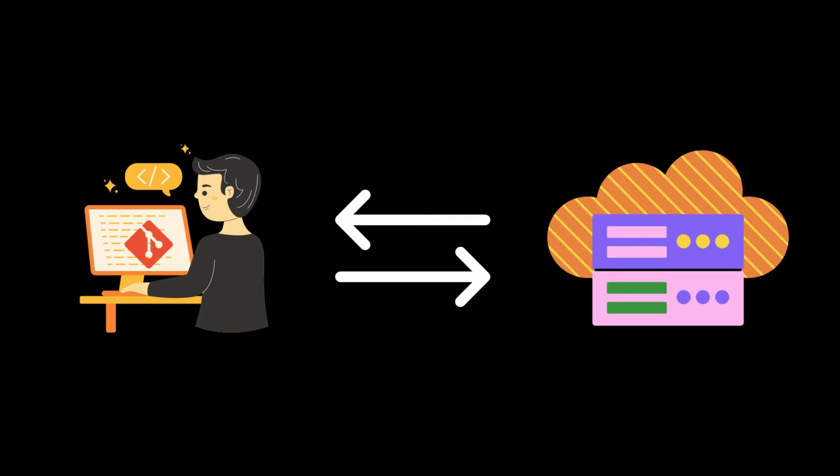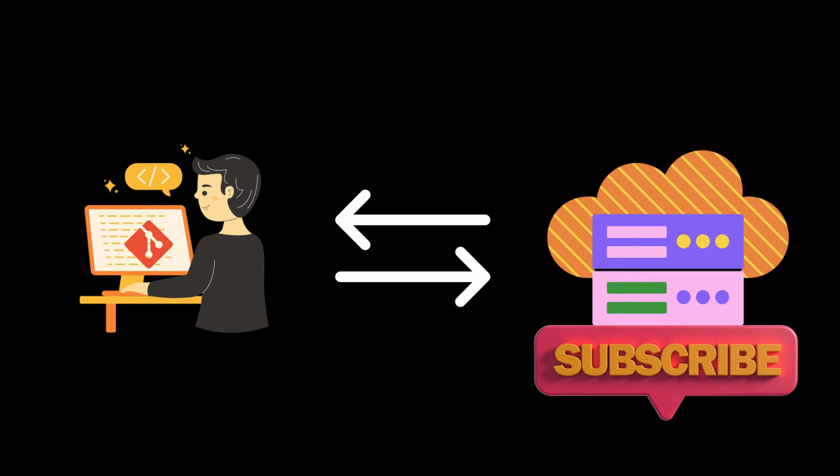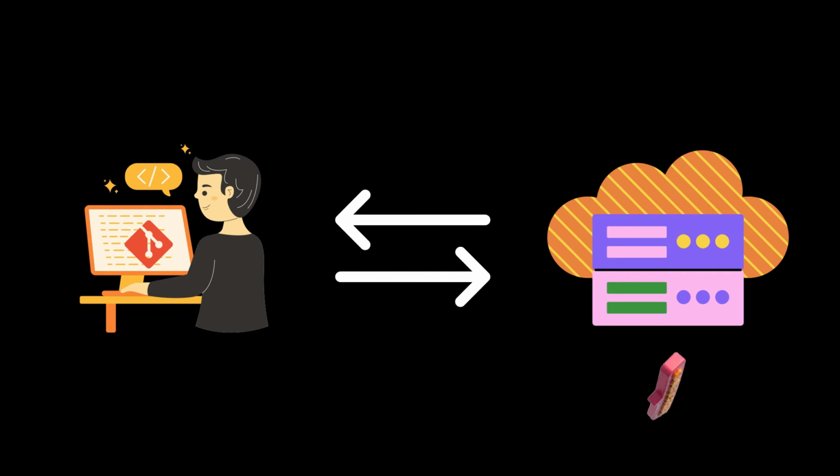So whatever change I make on my system, as per my choice, I can store those changes on this cloud server. If your laptop crashed or the laptop is stolen or you got that blue screen, then your code is still safe. You can repair your laptop and you can clone or get the entire code from this cloud location to your machine again, and then you can start working.